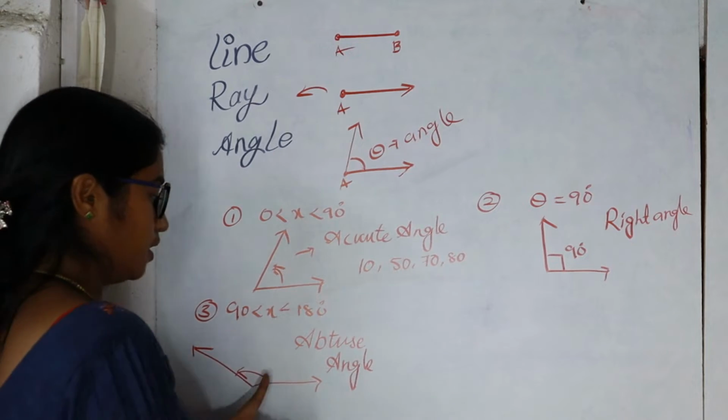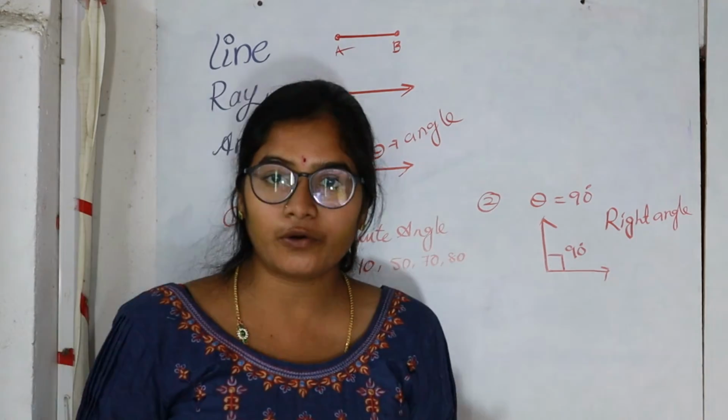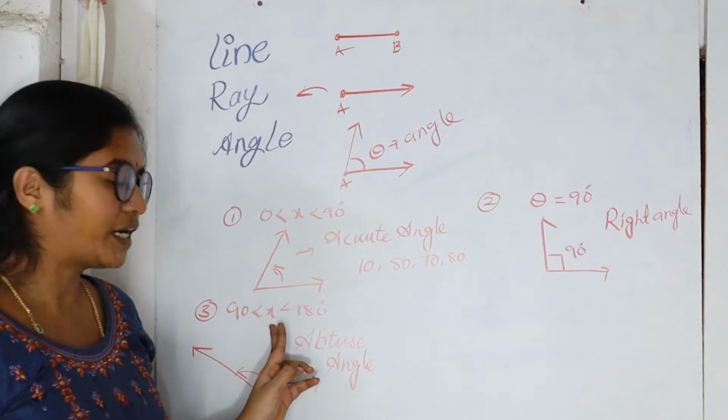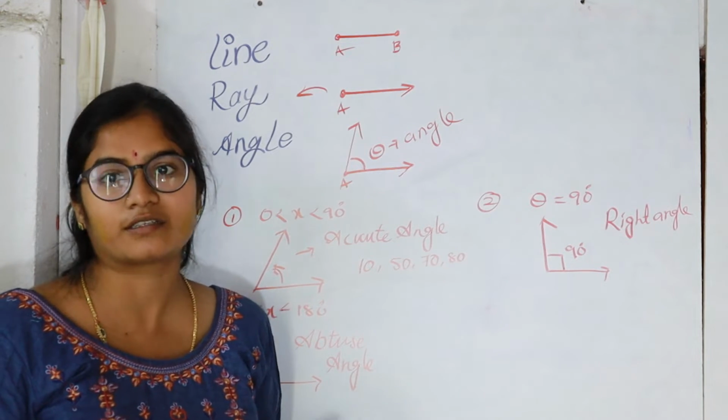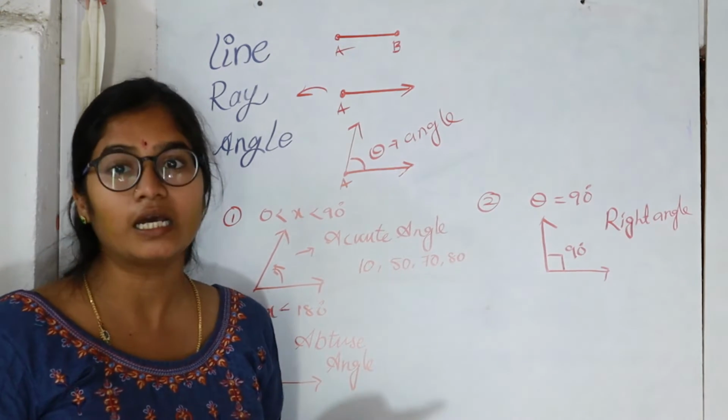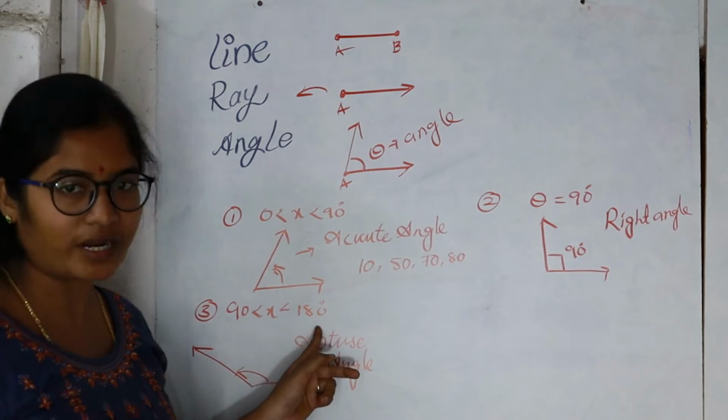Obtuse angles can be 110 degrees, 100 degrees, 150 degrees, 170 degrees, 130 degrees, and so on. It should lie between 90 degrees and 180 degrees.